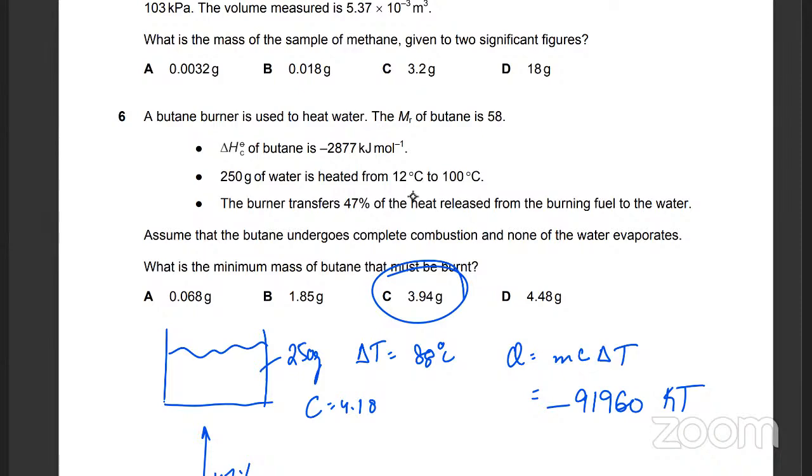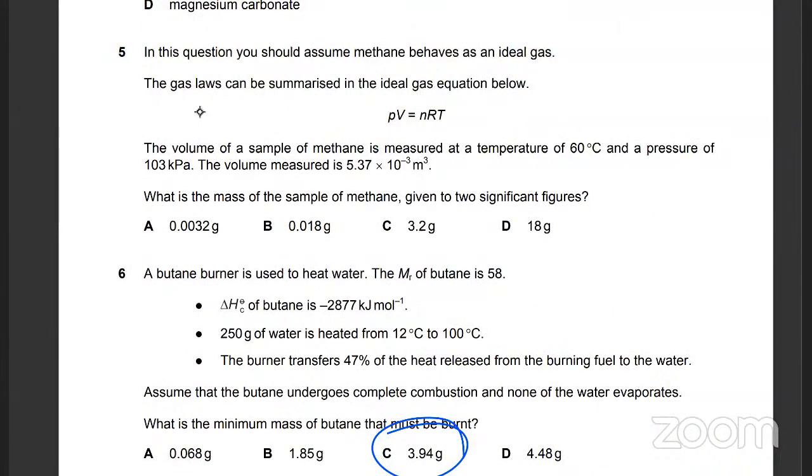So next one is we've got PV equals nRT. What mass of sample of methane, given to two significant figures? So I guess you just have to plug in the values. Units have to be carefully taken. The pressure is 103 kilopascals, so that's 103000. The volume is already in meter cube, so that's 5.37 times 10 to the power minus 3. And n is the moles.